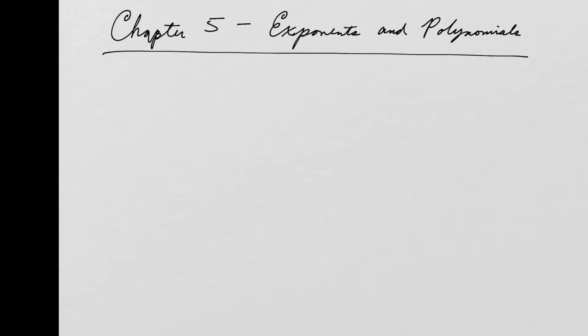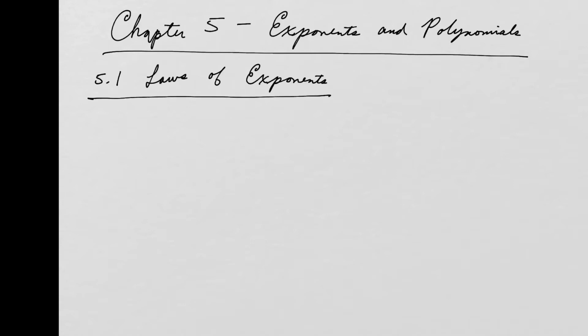And the first section, 5.1, is on the different laws or rules for exponents. So laws of exponents. There's several rules that you need to learn before we start talking about polynomials in general.